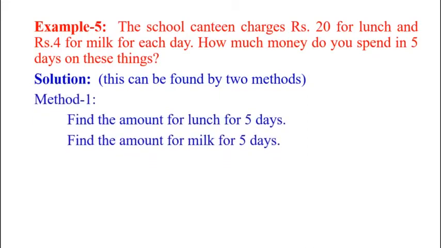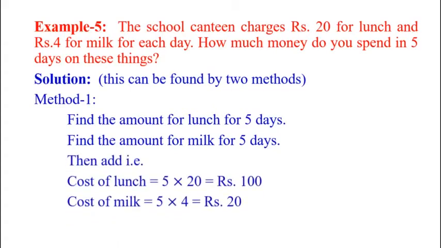Method 1: find the amount for lunch for 5 days, find the amount for milk for 5 days, then add. The total cost of lunch for 5 days is equal to 5 into 20, because the per lunch charge is rupees 20. So for 5 days, that is 5 into 20, rupees 100.